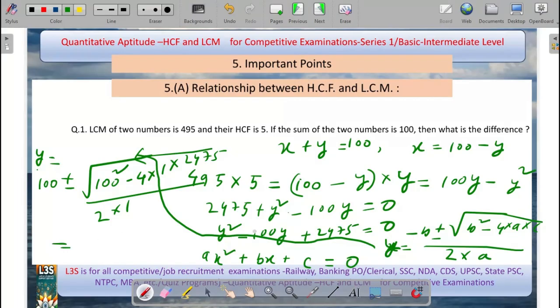Here you can see a equals 1, b equals minus 100, c equals 2475 in the ax square plus bx plus c form.